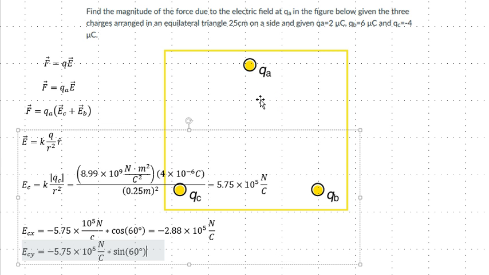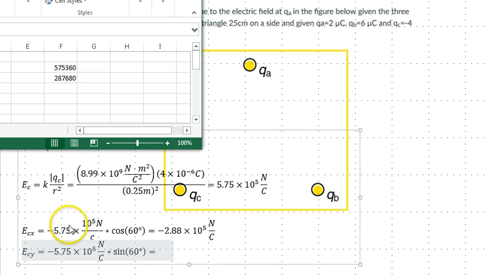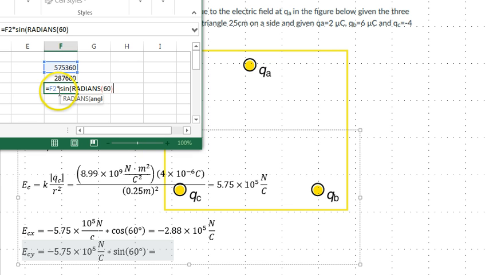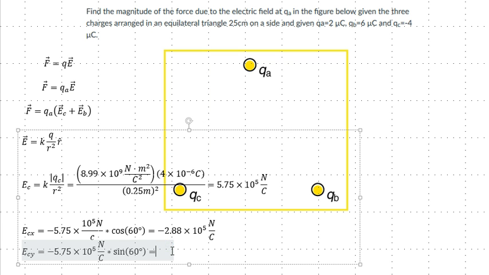So let's go back over and calculate the sine, again using radians to convert 60 degrees. Now we're looking at minus 4.98 times 10 to the fifth newtons per coulomb.